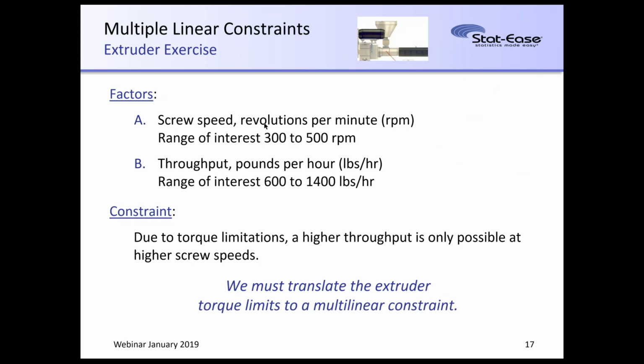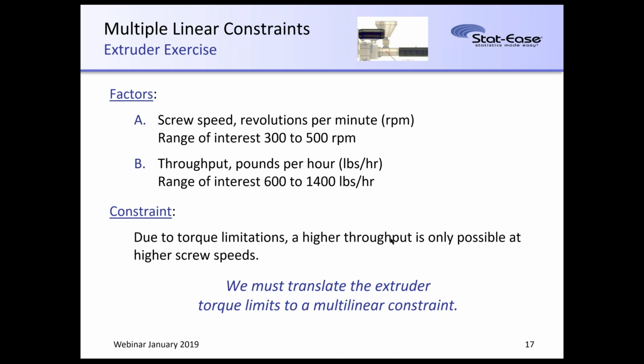So the screw speed we want to study is going to vary from 300 to 500 RPM. And the material we're going to push through, or the throughput in pounds per hour, is going to vary from 600 to 1400. Now, we don't want to have a problem with the extruder, so we don't want to exceed the torque limits.